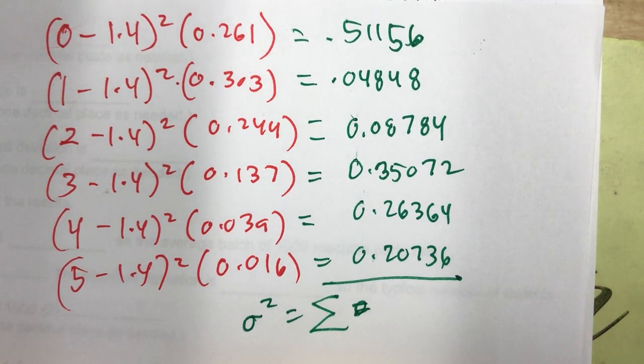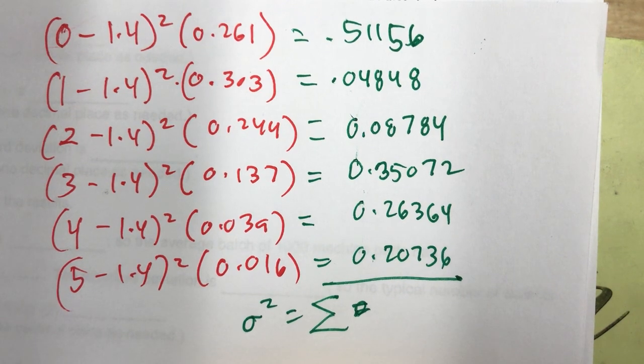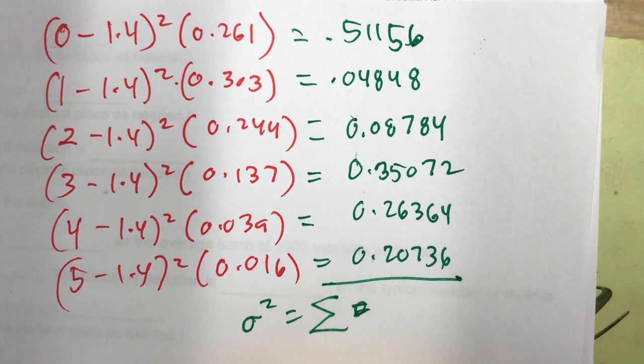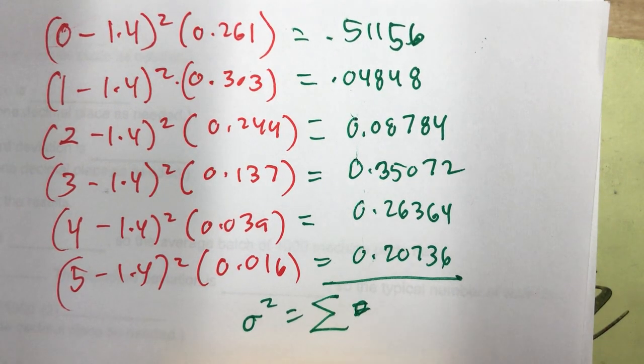Okay, so let's go here. 0.51156 plus 0.04848 plus 0.08784 plus 0.35072 plus 0.26364 plus 0.20736, and I got this right here, 1.4696.